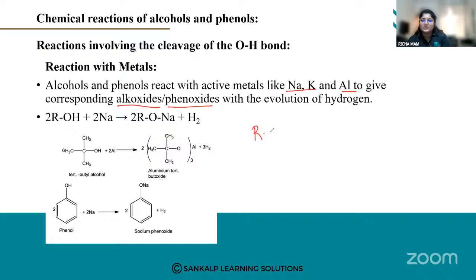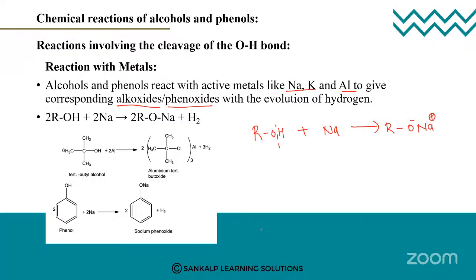Suppose ROH reacts with sodium. What am I going to get? The OH bond is getting cut, so I get RO-Na+. This is minus and this is plus.